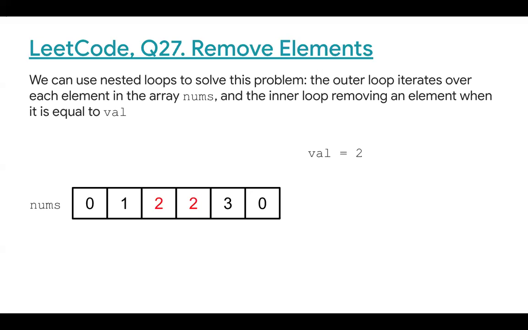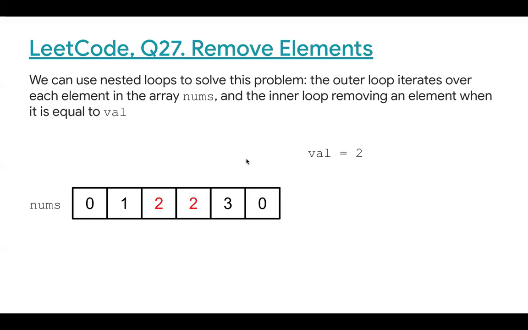So we will need 2 loops, or we call them nested loops, right? The outer loop iterates over each element in the array and checks if it is equal to val or not. And if it is equal to val, then we use another loop, which is the inner loop, to remove this element. And we have to also shift all the following elements 1 slot to the left. Okay, so we will need to use nested loops to solve this problem.